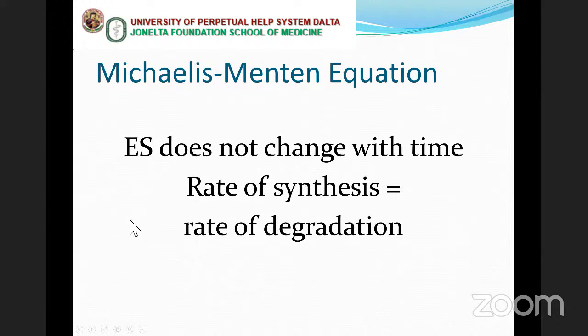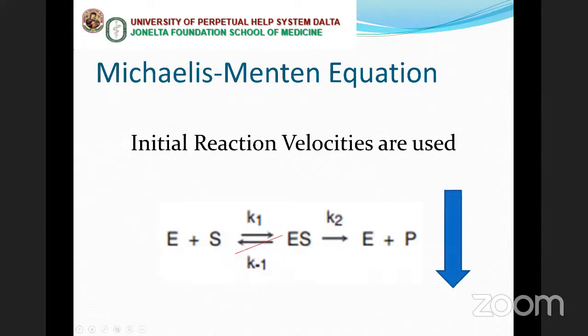Of course, you will read in your biochemistry books a longer definition or longer statement of these assumptions. Okay, but I'm just presenting you the concept so that we could understand easier. And the third, so initial reaction velocities are used. Okay, so if we use your initial reaction velocities, what would that mean?